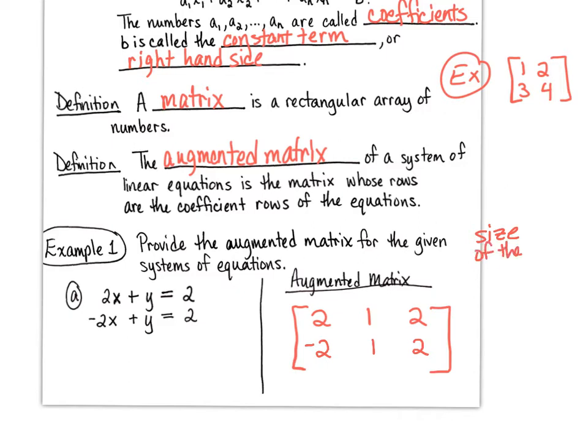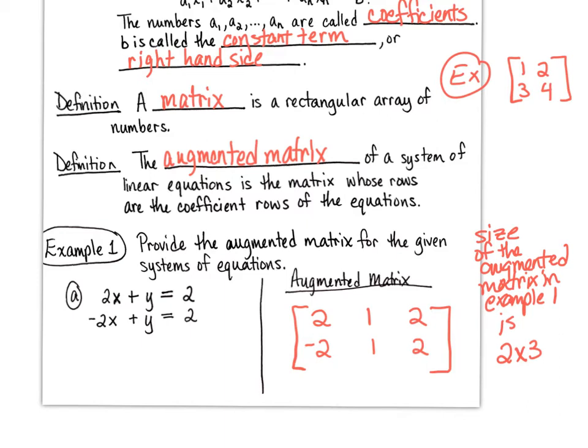The size of the augmented matrix in example 1 is a 2 by 3, so 2 rows, 3 columns.